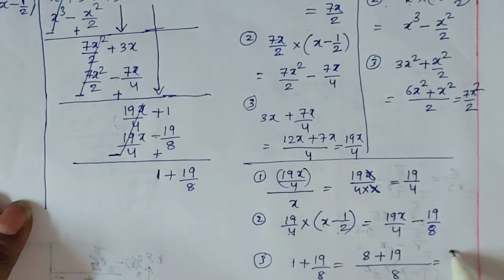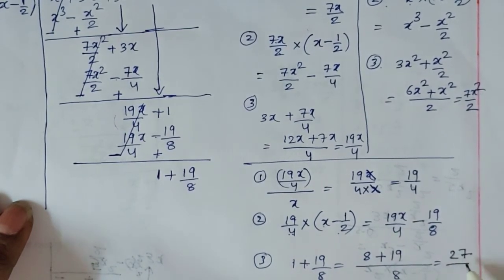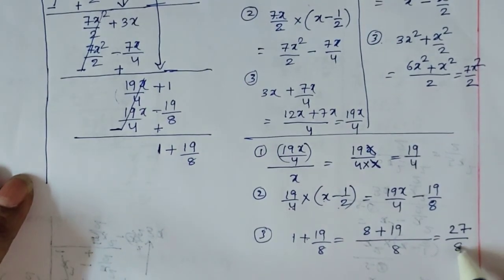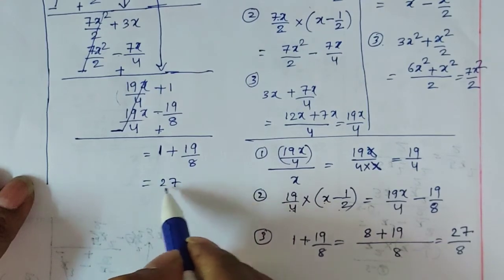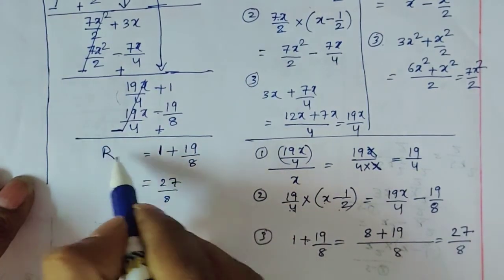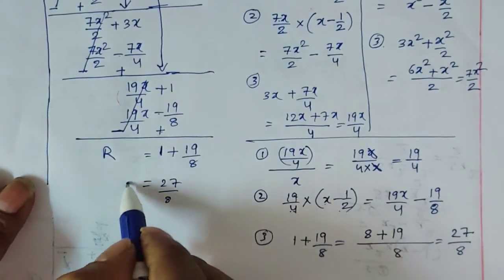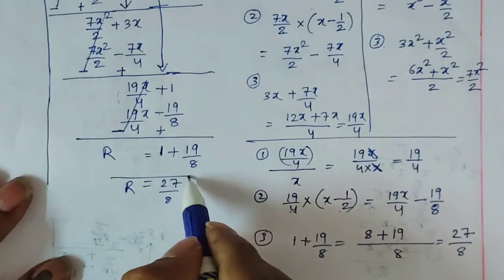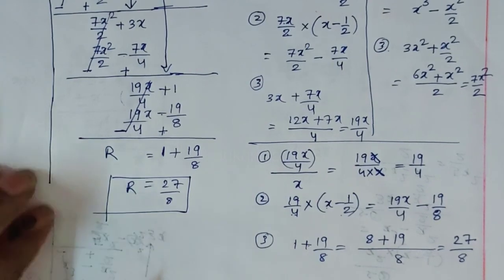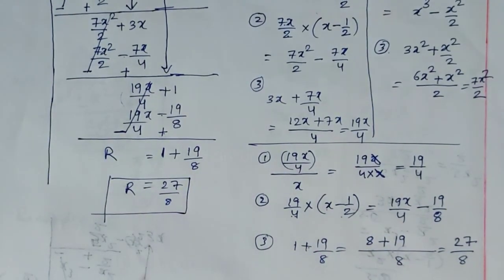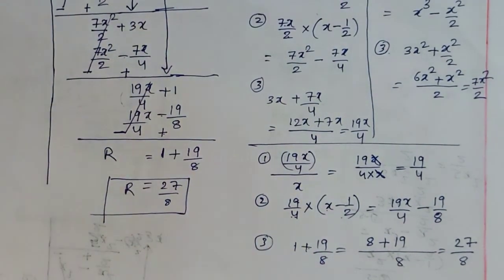So 19 plus 8 will become 27 by 8. So how much did you get? That equals 27 by 8. What is here? Remainder. So the remainder is 27 by 8. So this is the answer. So in this way we can divide a polynomial with a linear polynomial. Okay, in this way we can solve this problem.